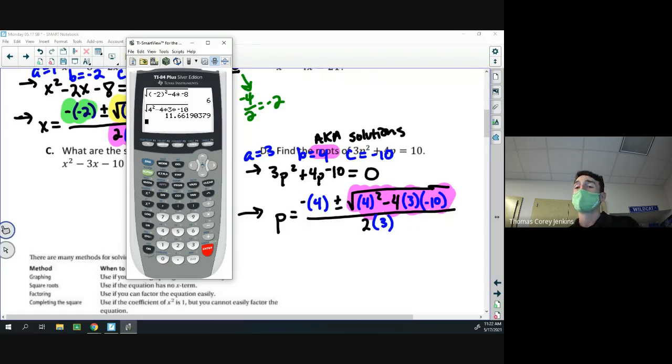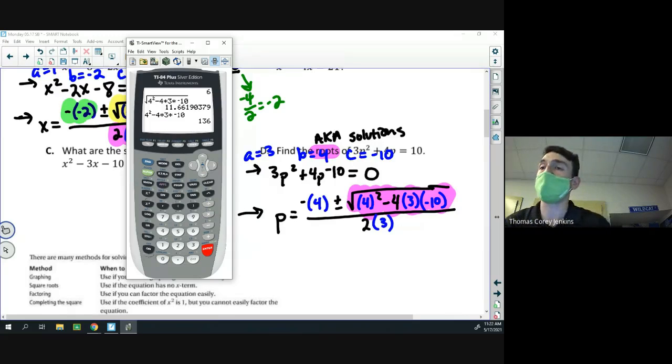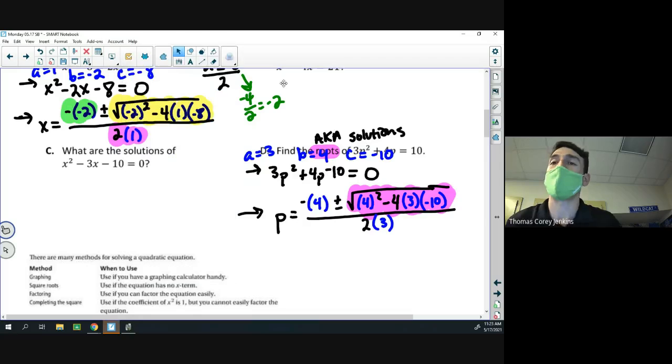All right, so I'm going to retype that without the radical. So I'm going to see what is 4 squared minus 4 times 3 times negative 10. So it's 136, okay? I'm going to write that out on my next step, so I'm not rounding until the very end.